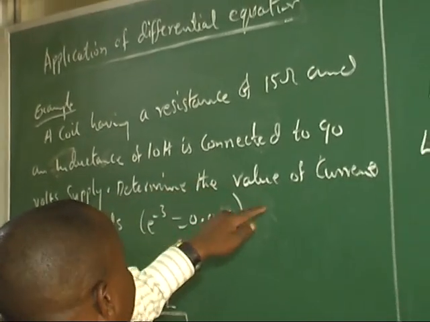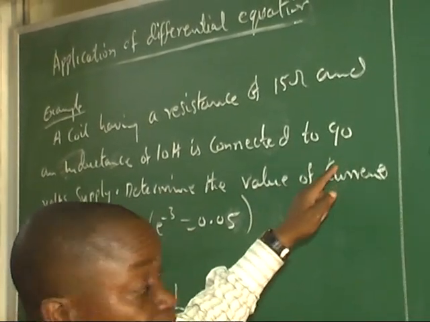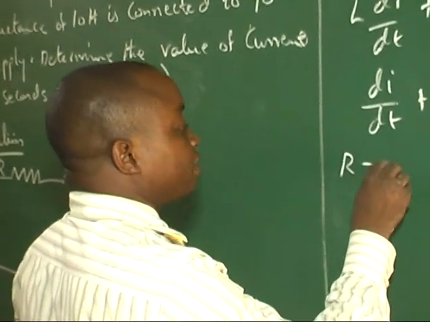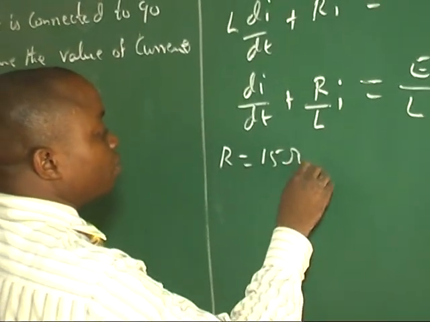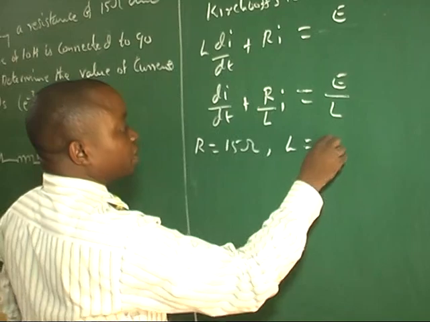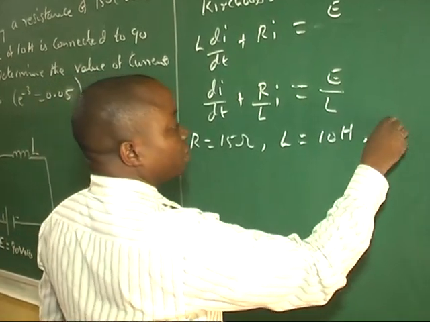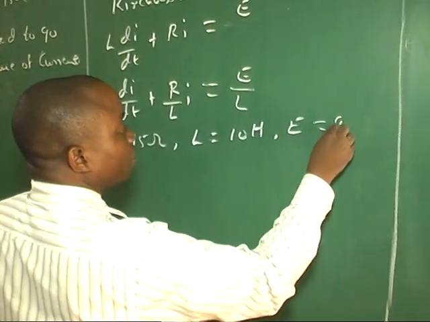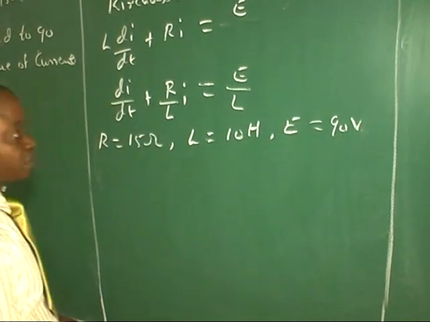So we have the electromotive force to be 90. That is, R is equal to 15 ohms, L is 10 Henry, then E is equal to 90 volts.